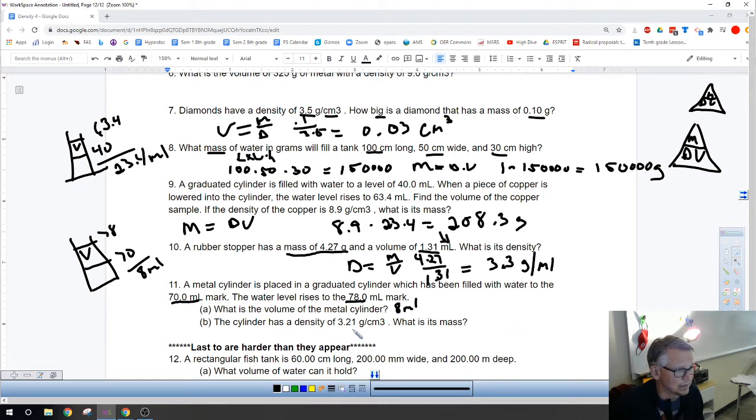The cylinder has a density of 3.21. What is the mass? Mass is equal to density times volume. Our density is 3.21 times our volume, which was 8, and that should give us 25.7, and that is mass, so that will be labeled in grams.